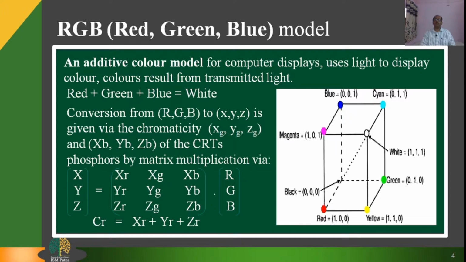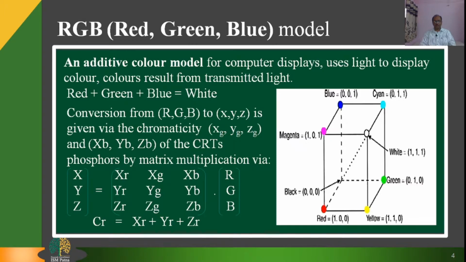It is a well known fact. The conversion of RGB to XYZ is given via the chromaticity XG, YG, ZG and XB, YB, ZB of the CRT phosphors by matrix multiplication.